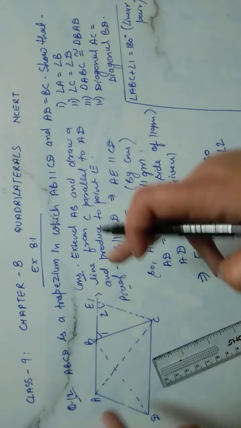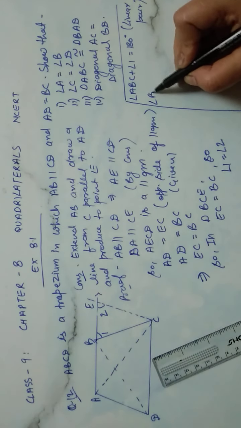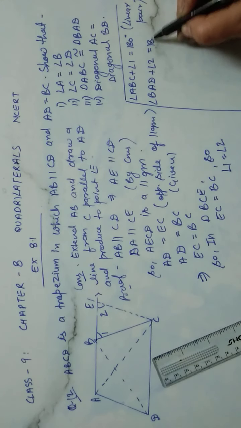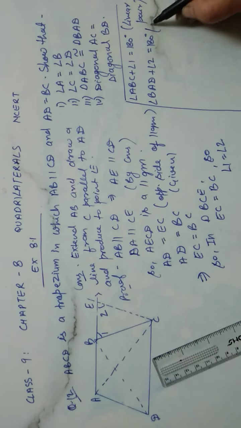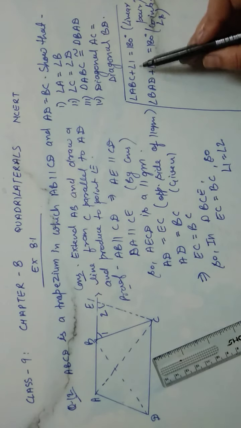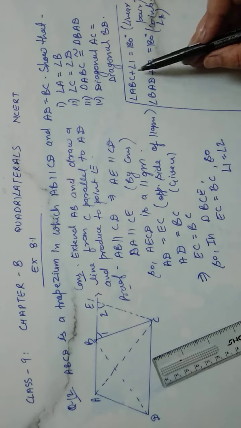So the sum of co-interior angles is 180, which means angle BAD plus angle 2 is equal to 180 degrees, and the reason is co-interior angles on the same side of the transversal. Now see from these equations, ABC plus 1 is 180, BAD plus 2 is 180, which means these two are equal.